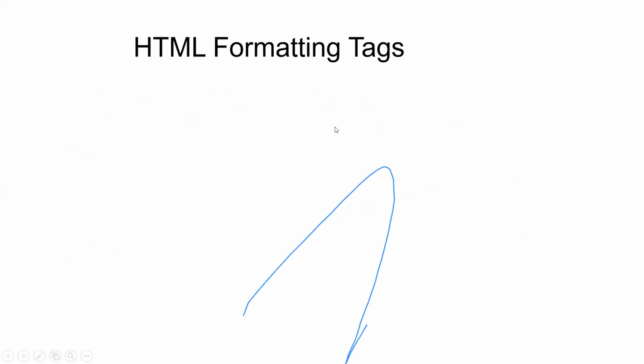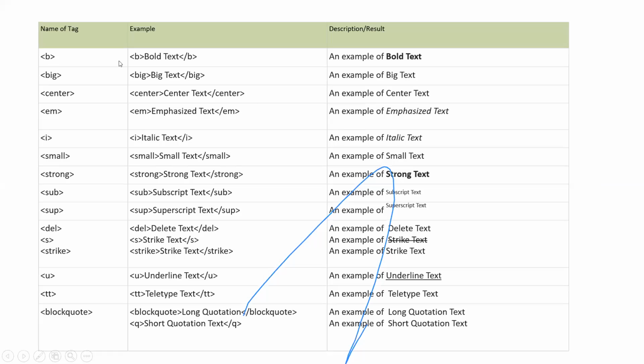HTML formatting tags look like this. See, the name of a tag, an example, then the description or result. So these are the basic HTML formatting tags. B is for bold. Suppose in a text you want to make something bold, you can use this tag.